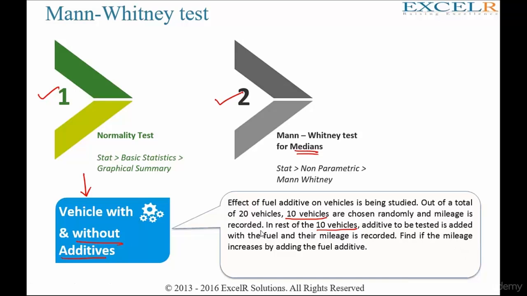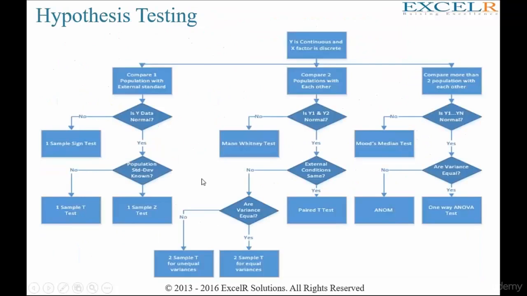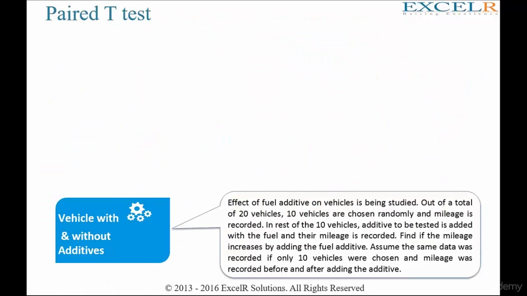Now, let us assume this. So this is fine. Now, assume that when it comes to this data set of vehicles with and without additive, let us read this. Effect of fuel additive on vehicles is being studied.